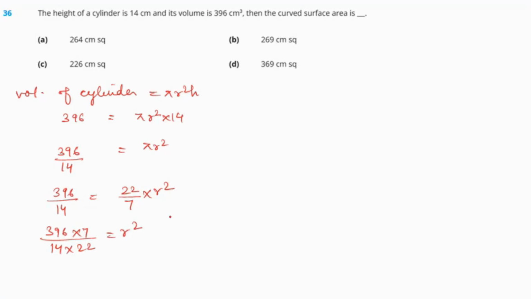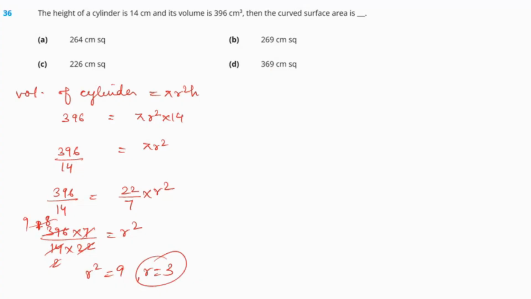So what we can do over here is try to divide them. So 22 and 396 gets cut down, 22 times, 18 times. And this we can cut 2 times and this we can cut 9 times. So the value of r square we are getting as 9. So the value of r needs to be what? 3.